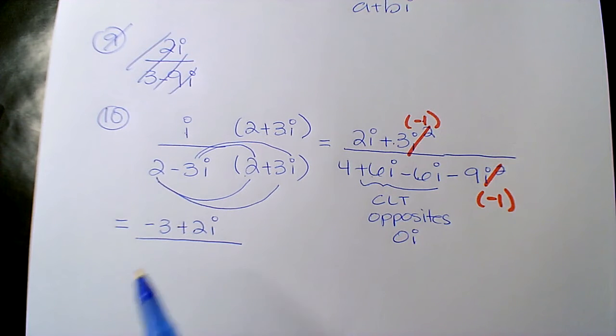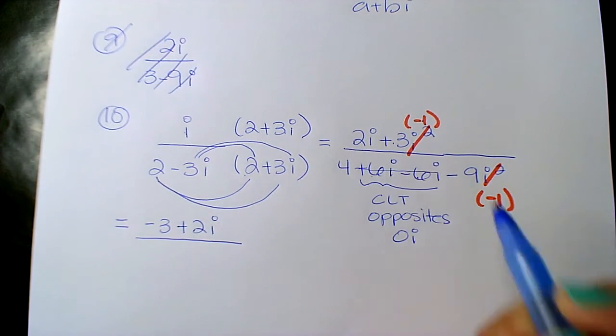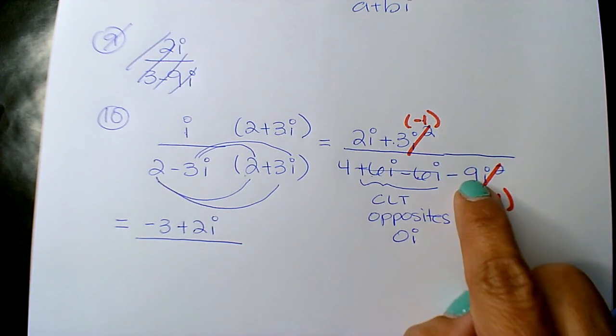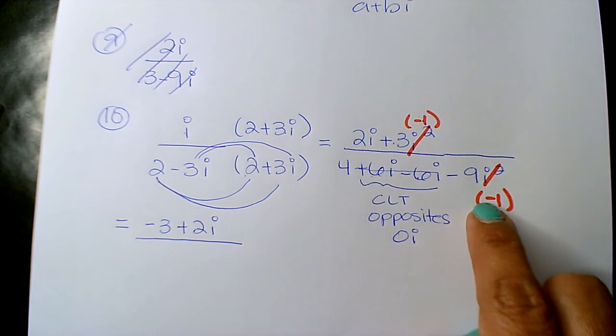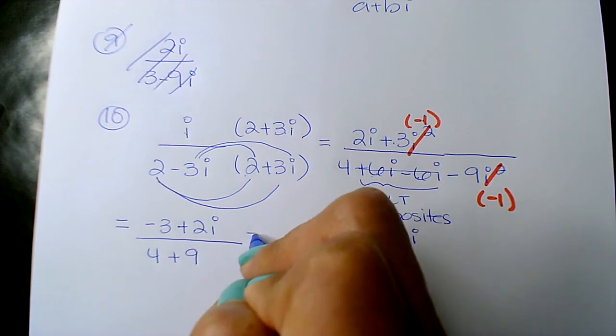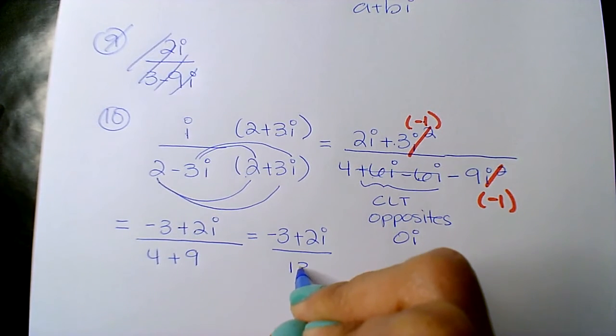I'm not going to put 0i here because 0i is just 0. You don't need to write 0. Okay, so I'm done with this. So I'm just going to cross it out. So I'm left with 4. And then what's negative 9 times negative 1? That's positive 9. So you're left with 13.